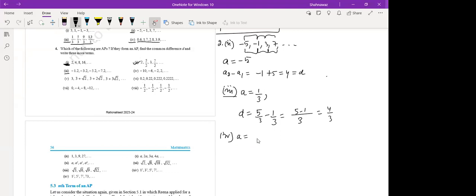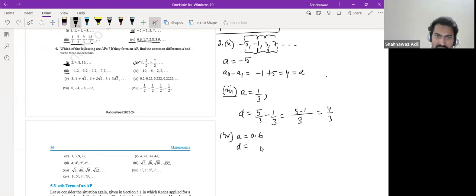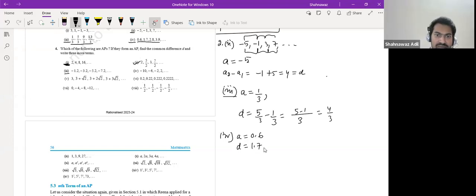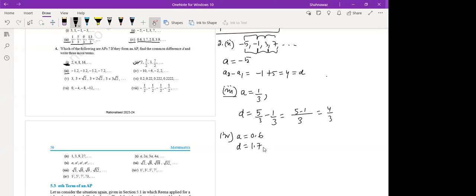A is how much? Oh, I looked at the wrong question. Never mind. 0.6 and 1.7. And A3 is how much? 1.7, 2.8.